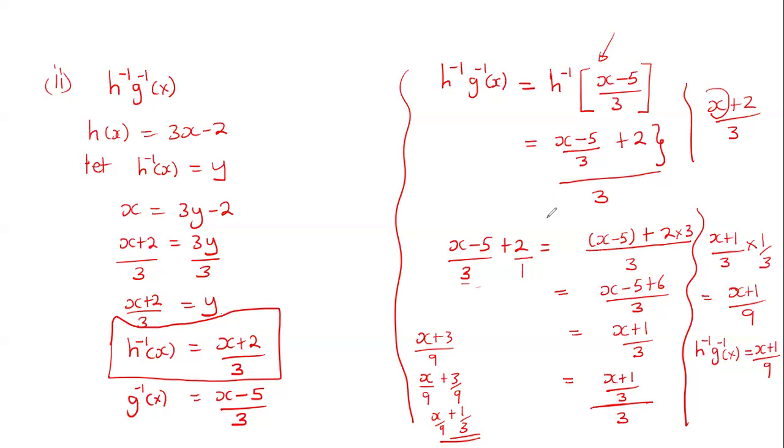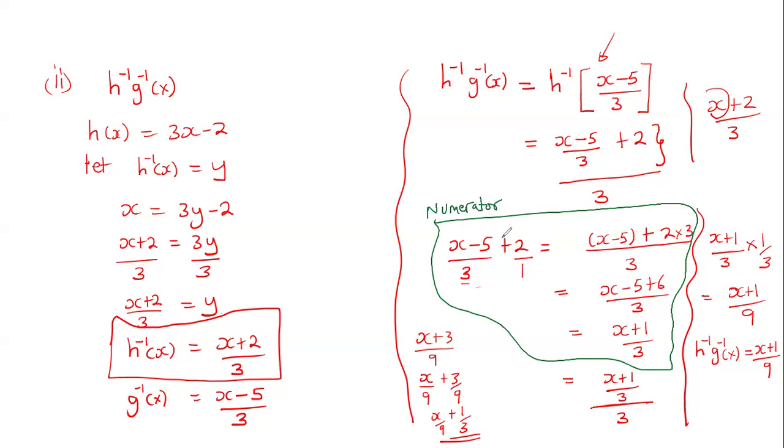Now, this step, Gavanian, remember I have said that this is just our numerator. So I was dealing with the numerator alone. The whole of this is what I wanted to first simplify before I proceed.